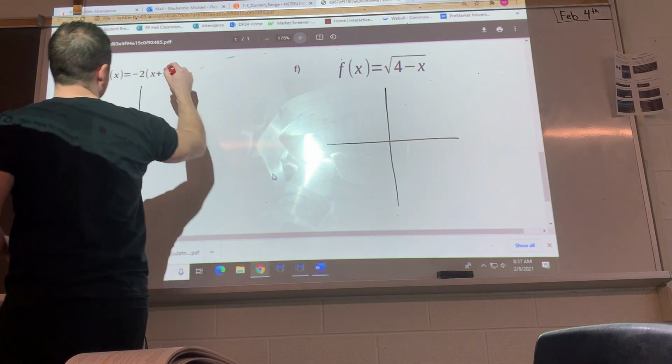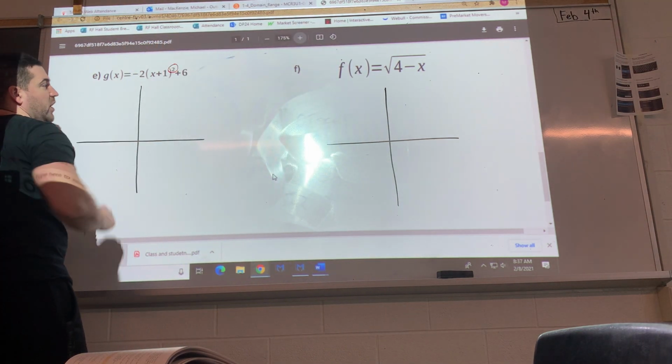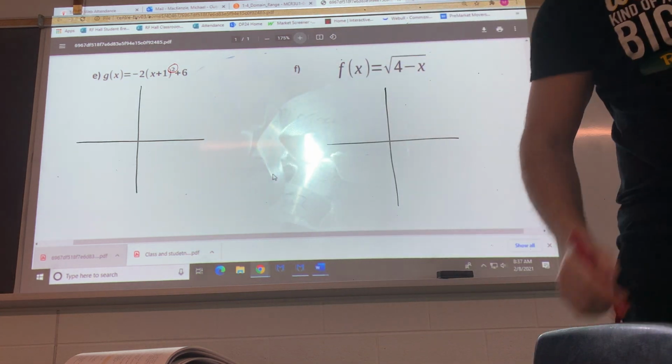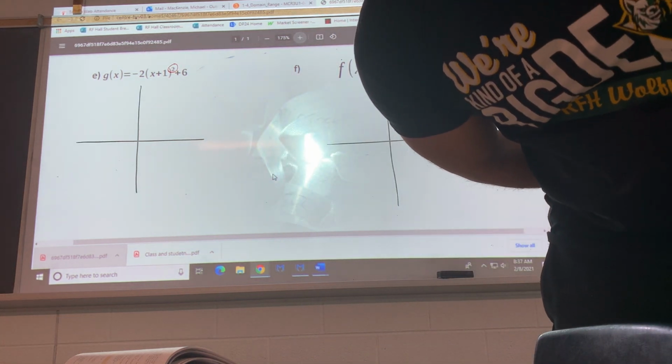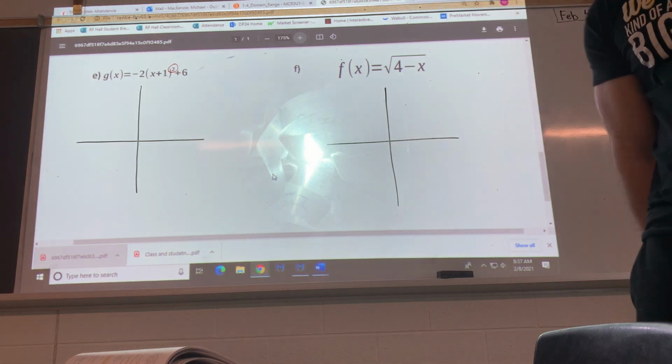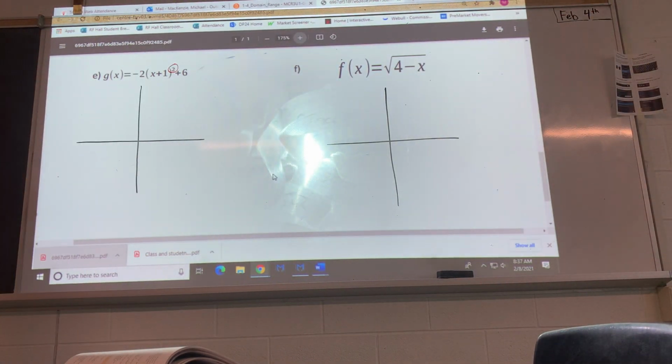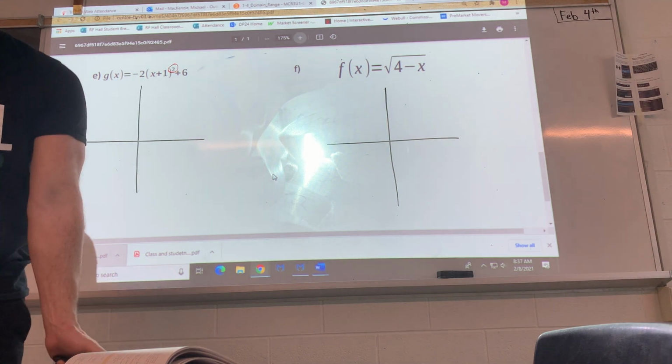Okay, we have the square again, right? So we have a square, so we have a quadratic. Okay, so we have a quadratic function. Adrian, parabola going downwards. Yes, you are correct. Okay, so quadratic parabola is the shape. Okay, so it is going downwards, and how did you know that?